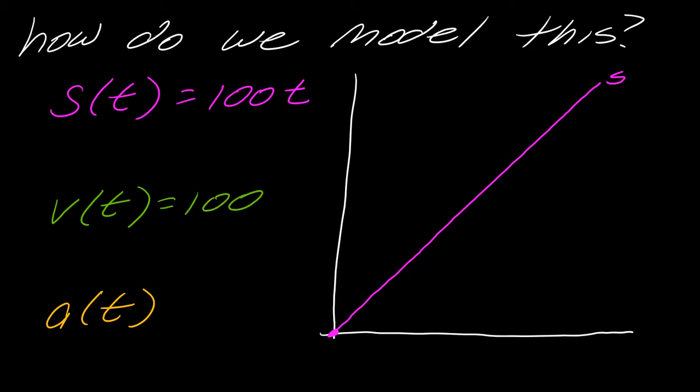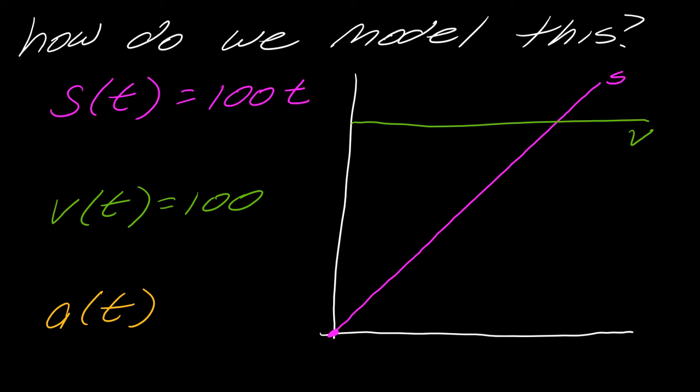It's just 100, right? So what does that graph look like? That is just a horizontal line, right? So here's my velocity function being modeled out. So I can see how it relates. Here's the position function, and then here's the first derivative. I'm just putting them all together so that we can visualize them.